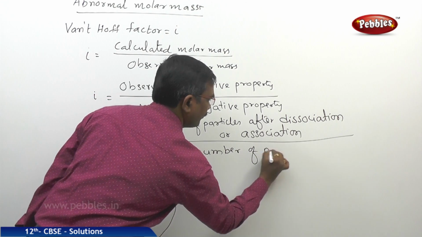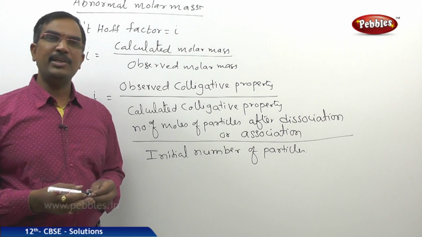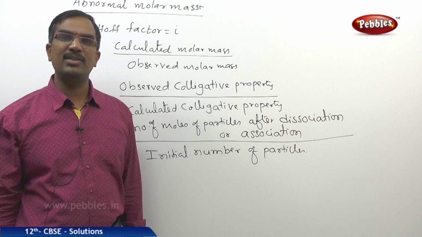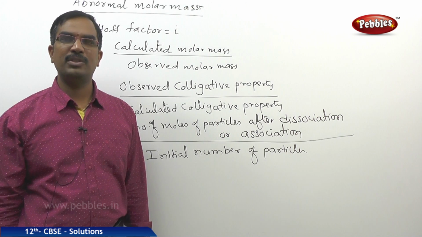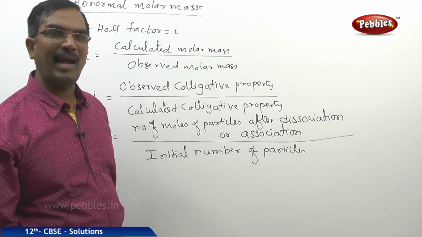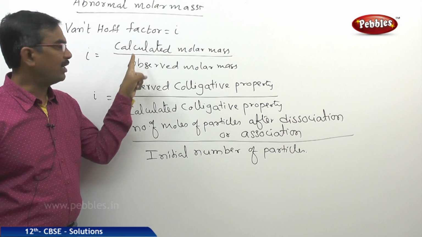Here, by initial number of particles we mean the number of particles before dissociation or association.